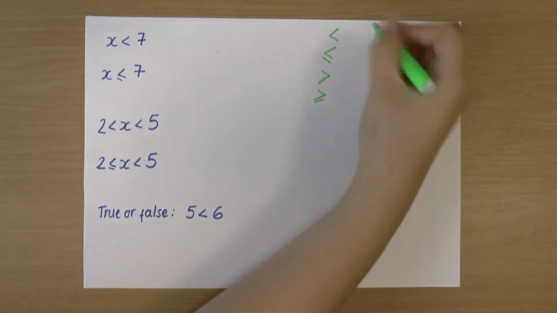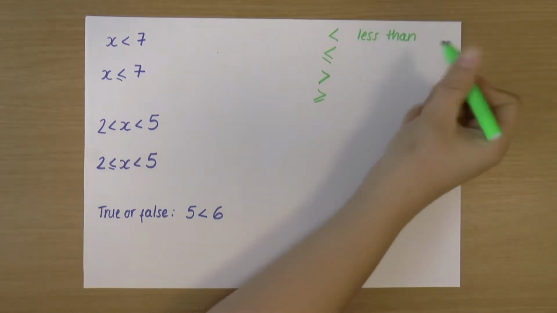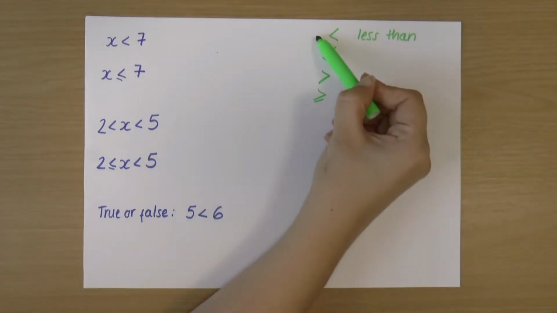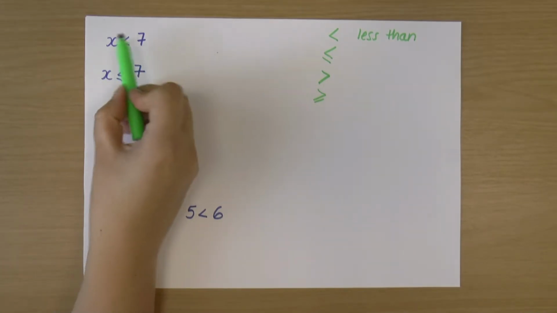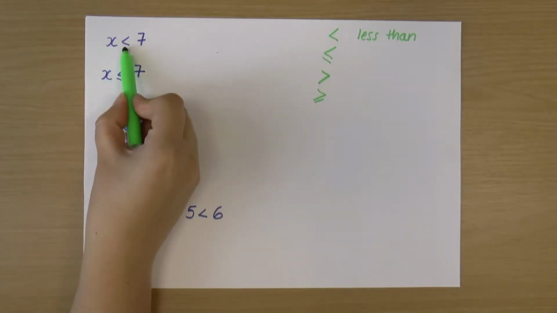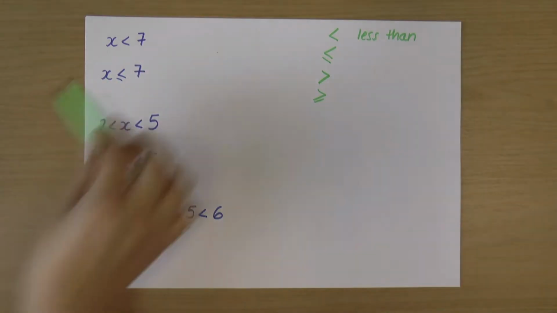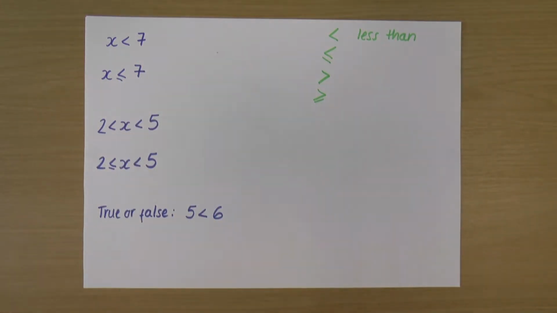So this symbol here means less than. So when we have two numbers, one will be one side of the symbol and one will be the other, like this top question here. So this is saying x is less than 7. And when we're given this as a question, it's usually asking us to find some values of x.